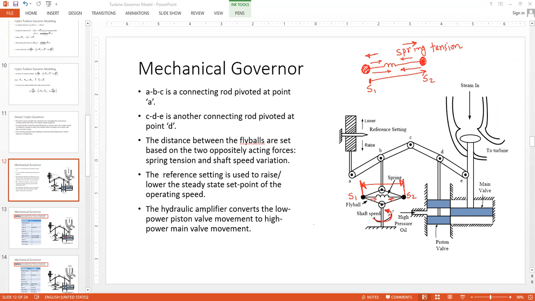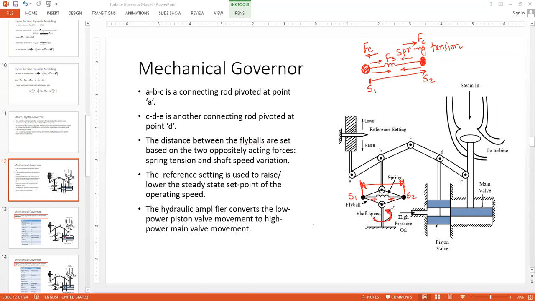This outward force, let's call it Fc, is away from the spring, and Fs, the spring tension, is trying to pull the balls together.